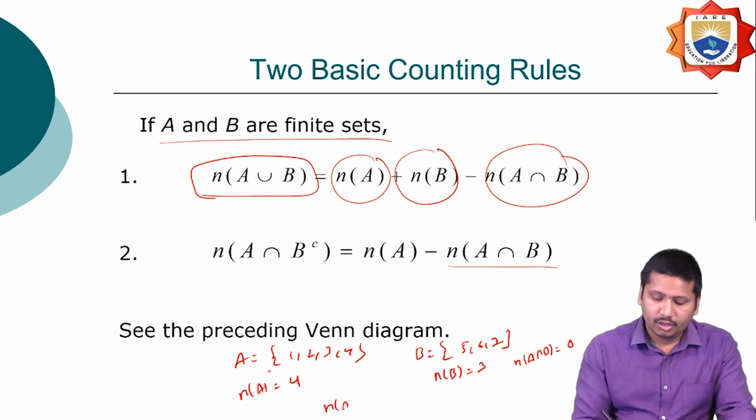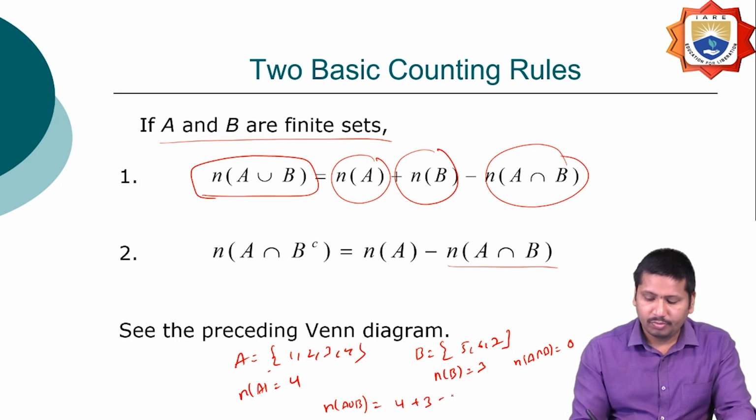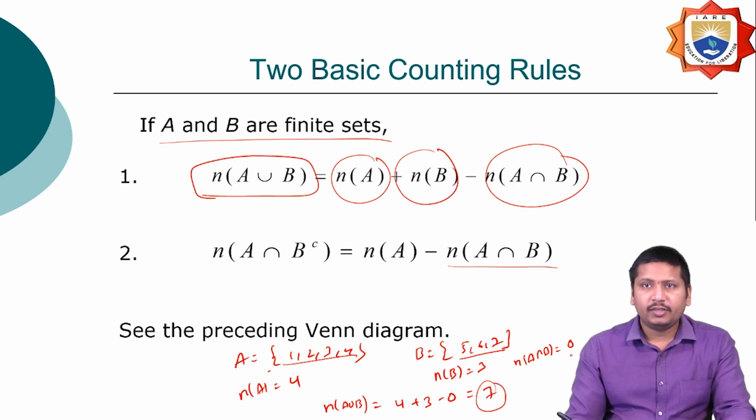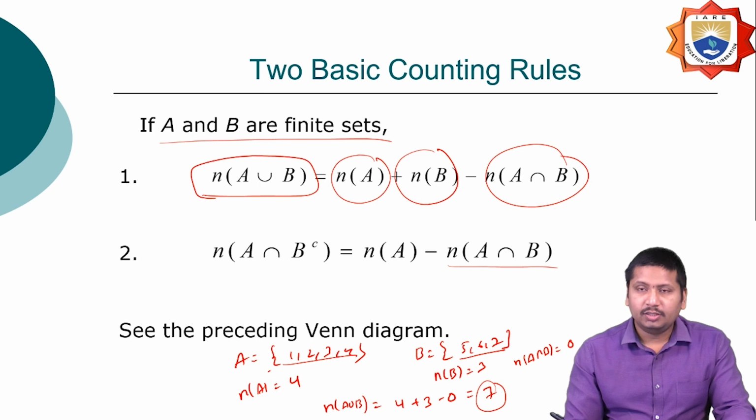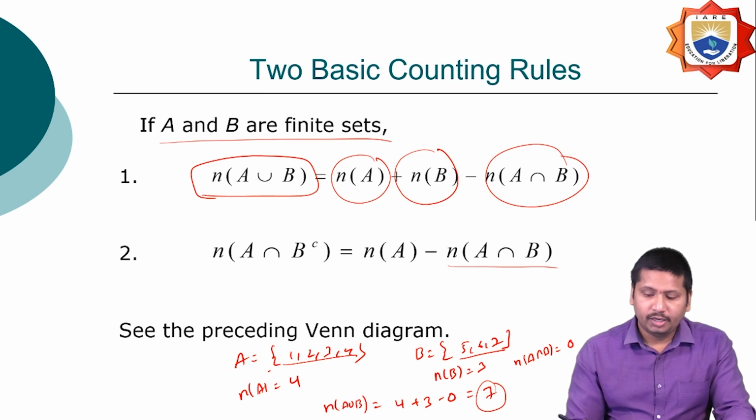So what should be n of A union B? The number of elements in set A plus the number of elements in set B minus the intersection, which is 0. So n of A union B is a total of 7 elements. 4 plus 3, how much? 7. Like this I can find out the counting rules of cardinality of the set.